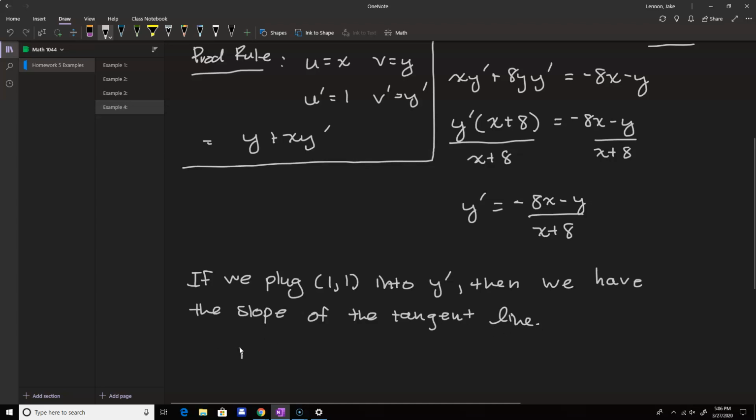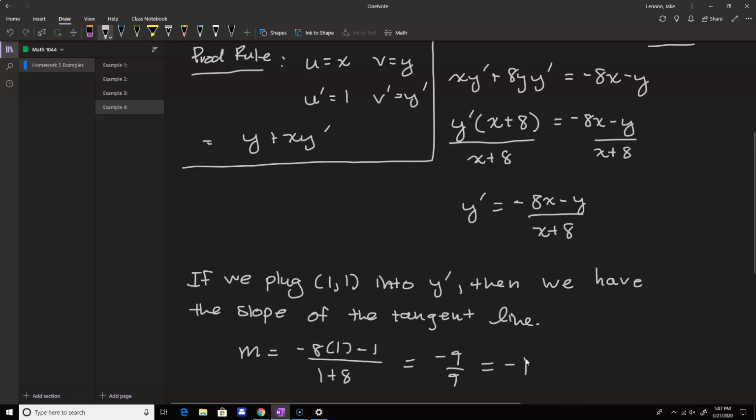So our slope, m, is equal to minus 8 times 1 minus 1, divided by 1 plus 8. So that comes out to negative 9 divided by 9, which is just negative 1.